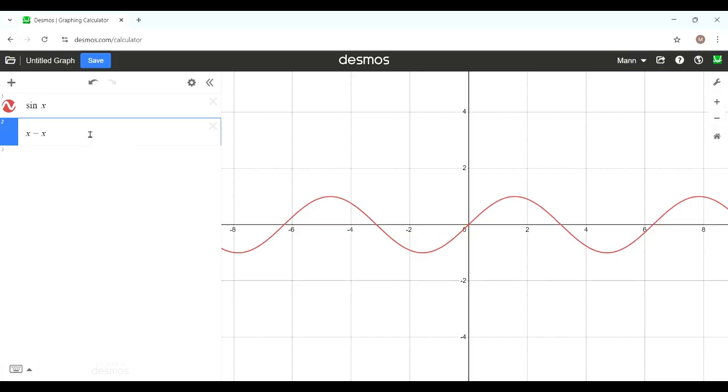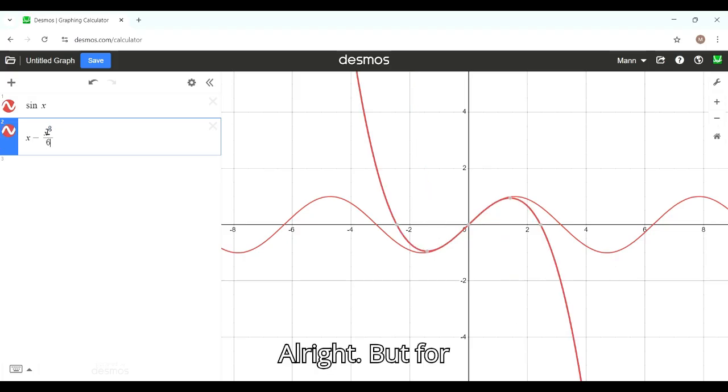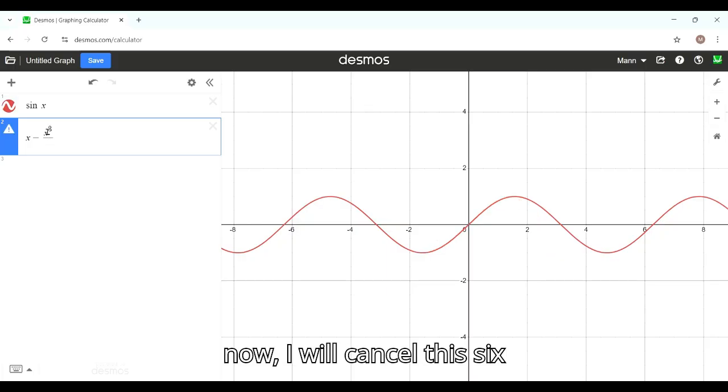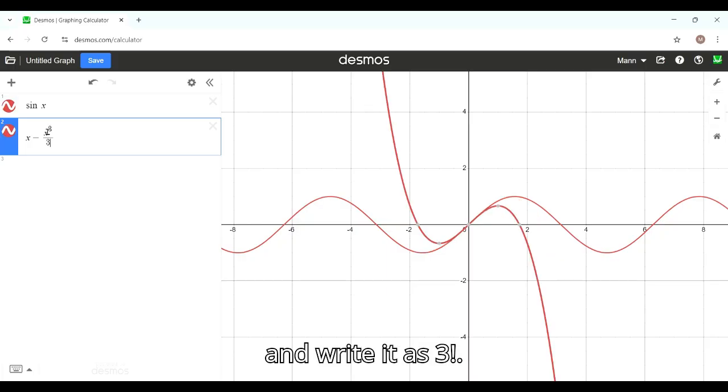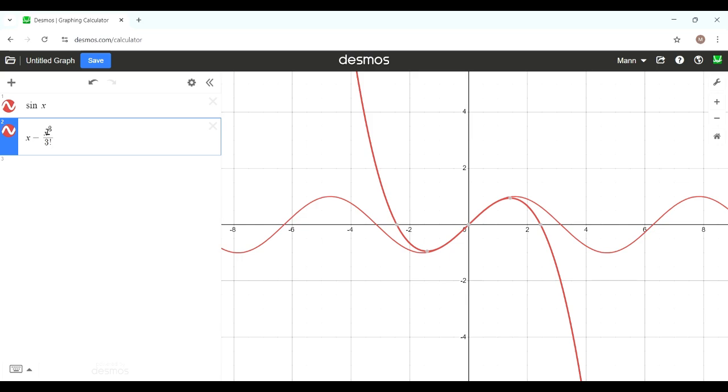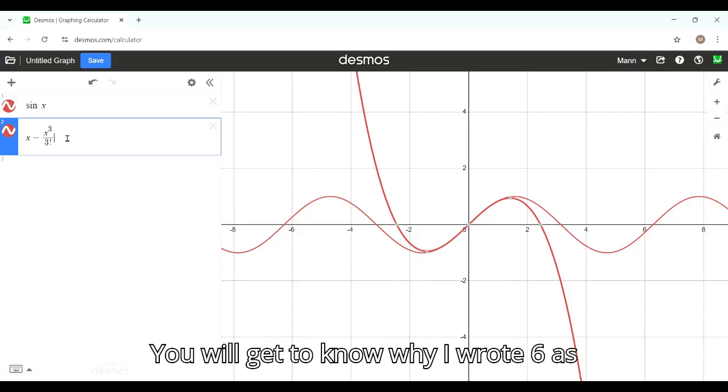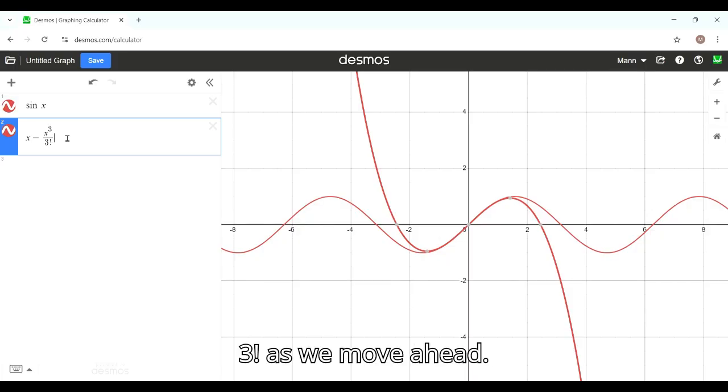Negative x cubed upon 6. Alright, but for now, I will cancel this 6 and write it as 3 factorial. You will get to know why I wrote 6 as 3 factorial as we move ahead.